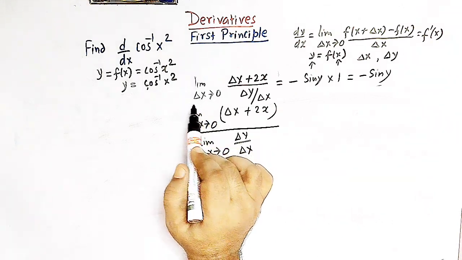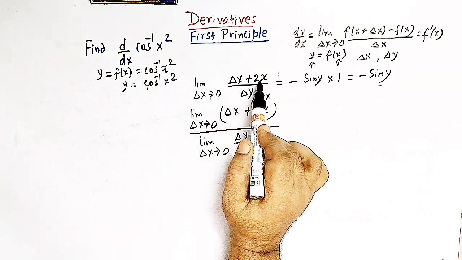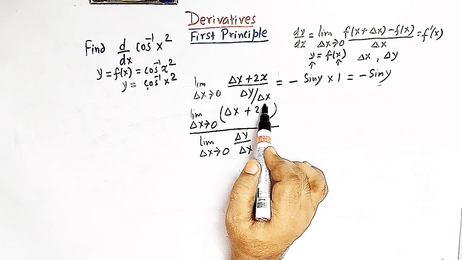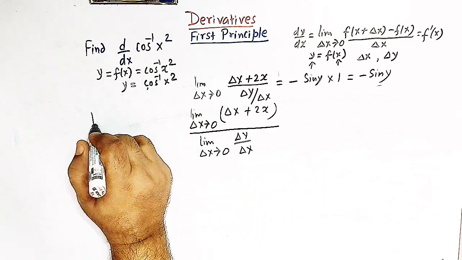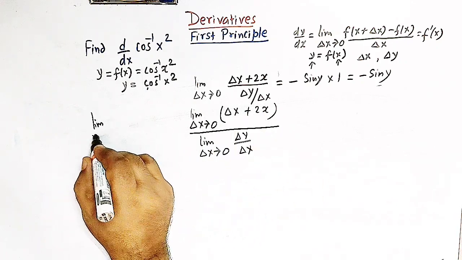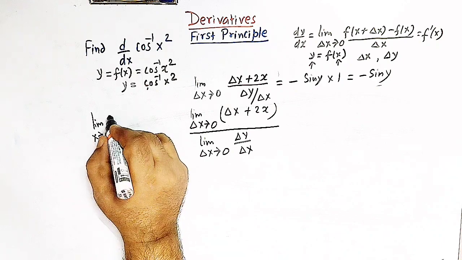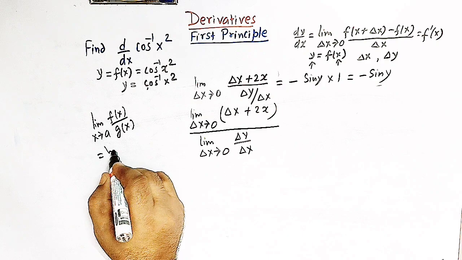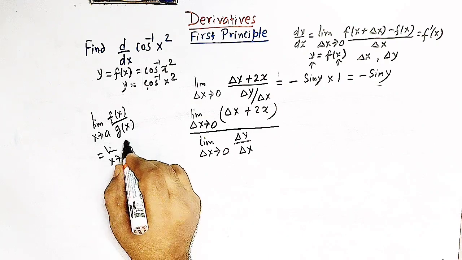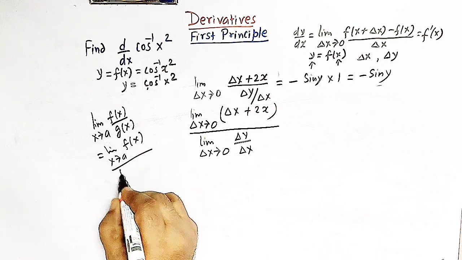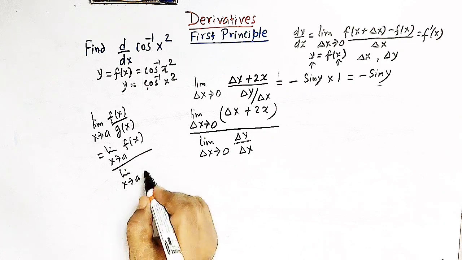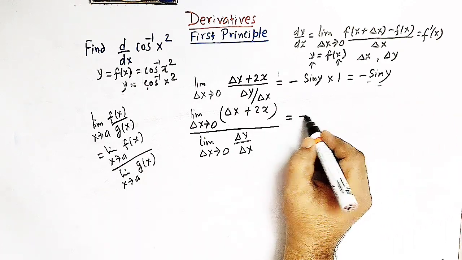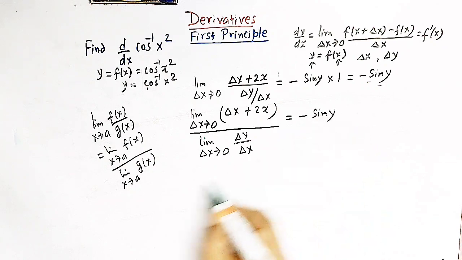So distributing this limit notation to the terms, that is delta x plus 2x and delta y over delta x, using this theorem, that is limit x tends to a of f of x over g of x is equal to limit x tends to a f of x divided by limit x tends to a g of x, and here we have simply minus sine y, right?